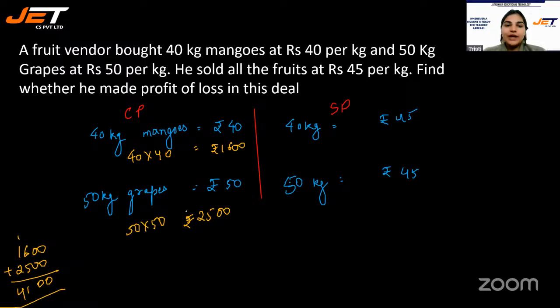Now, let's talk about the selling price. So 40 times 45 is 1,800, and 50 kilograms at 45 rupees is 2,250.